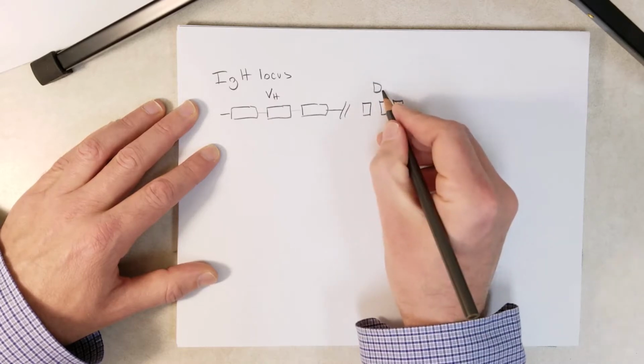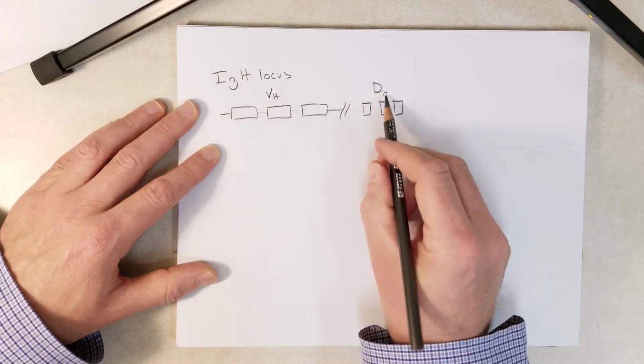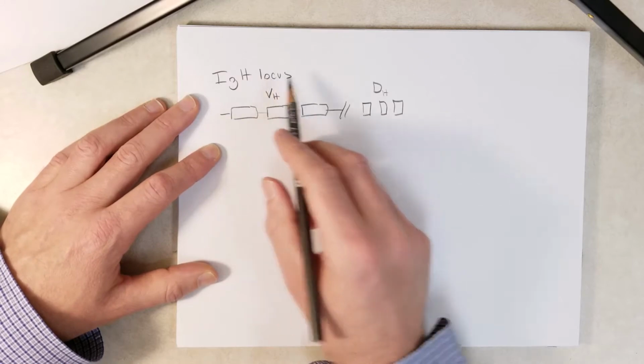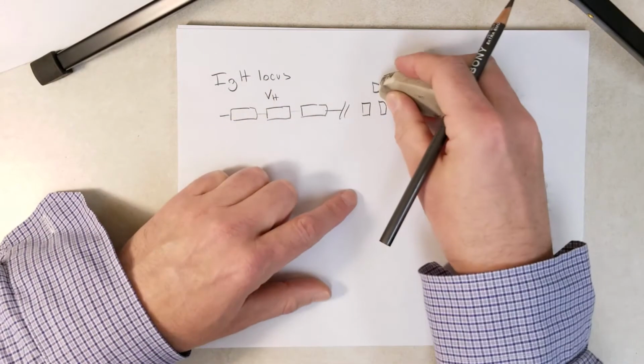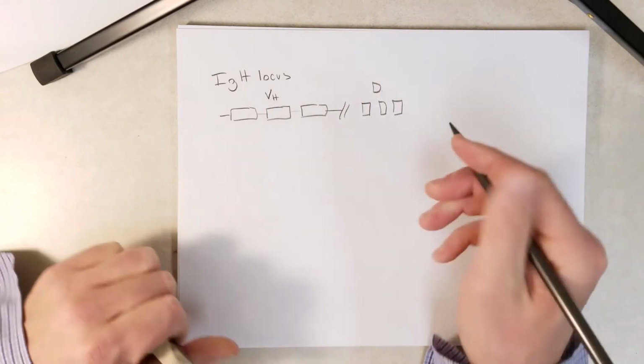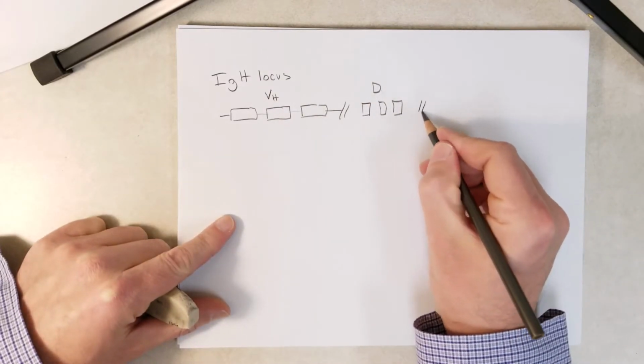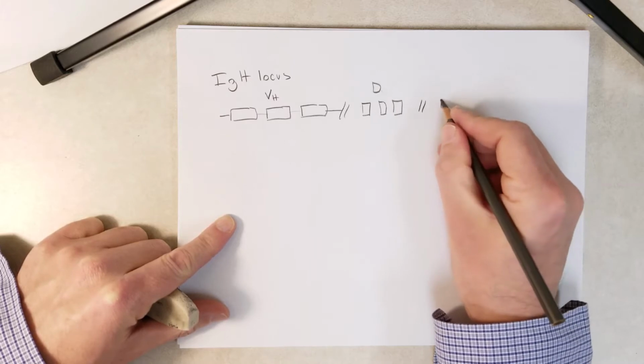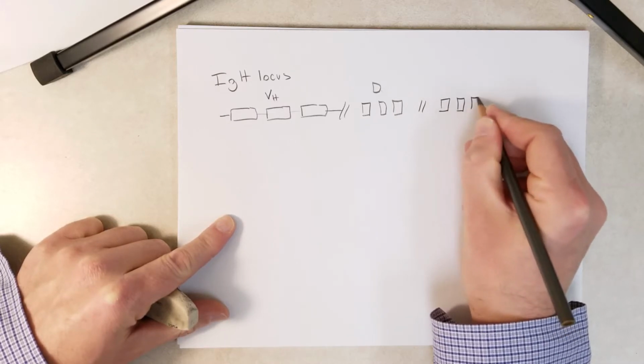And it's very common not to put this little h in here when we're talking about the IgH locus, because the IgH locus is the only one with diversity or D gene segments. So we can leave that H out. And down here will be some J segments.